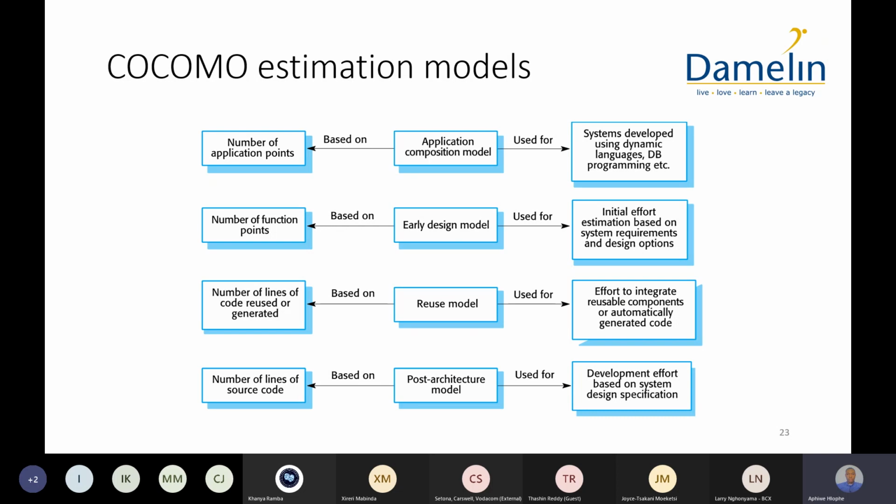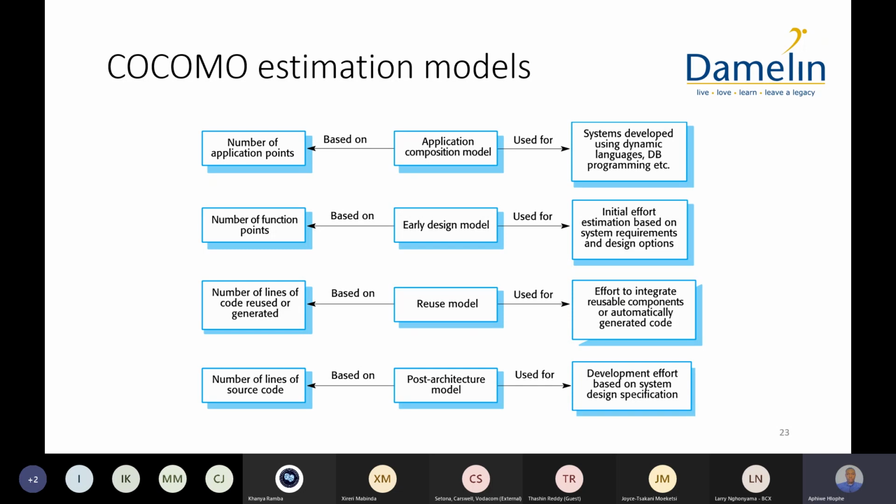Then we also have number of lines of code reused or generated, especially for those using software reuse. And this is what they meant by saying COCOMO version 2 takes into account that organizations may also do reuse. Okay, so here we are estimating the cost of the project based on how much it's going to cost us to acquire these reused components from different component vendors.